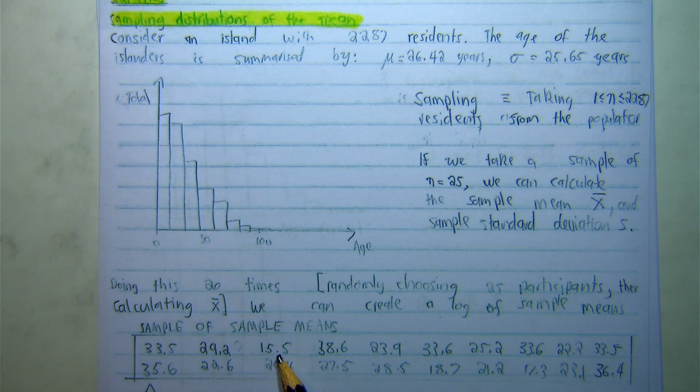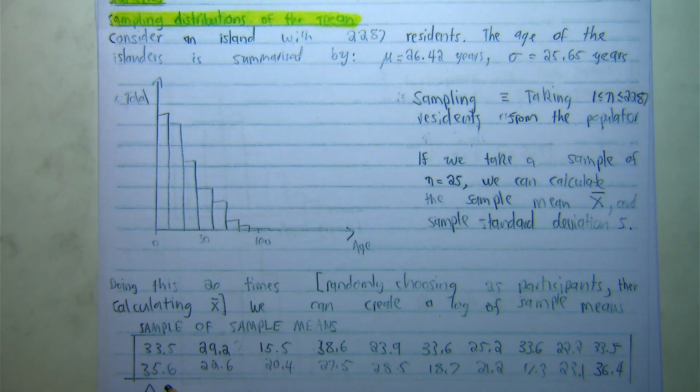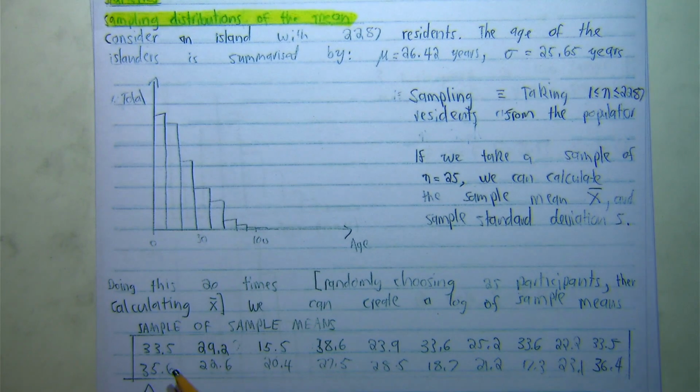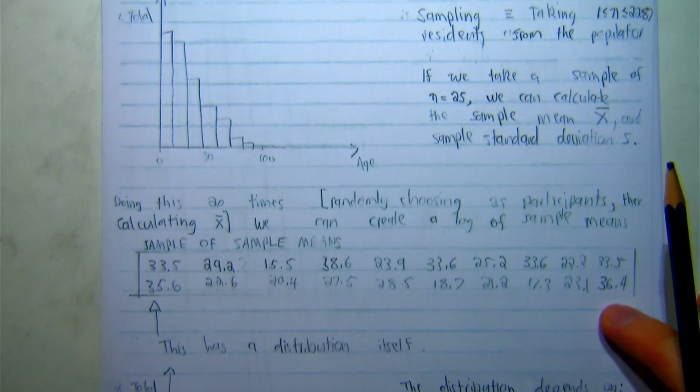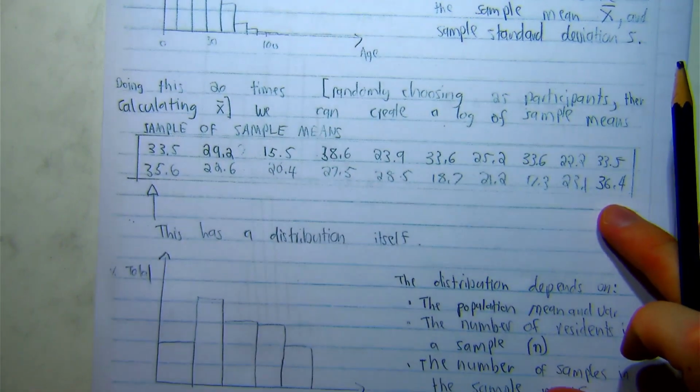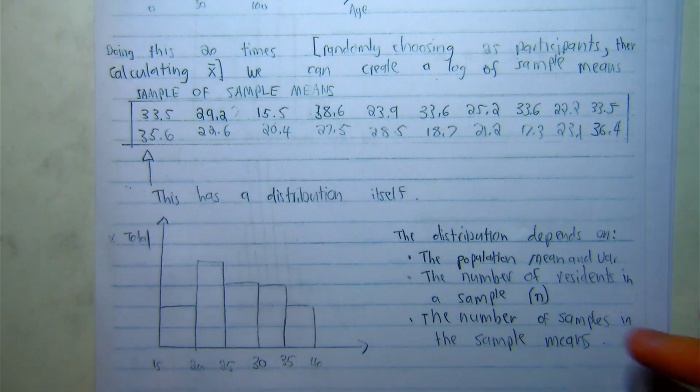Here there's one as young as 15.5 as the average mean, and then there's older ones like 35.6 and 33.6 that comes up twice, 38.6 probably the oldest. And yeah, this is now a distribution of sample means where we have actually a distribution in and of itself from all the sample means that have been created here.